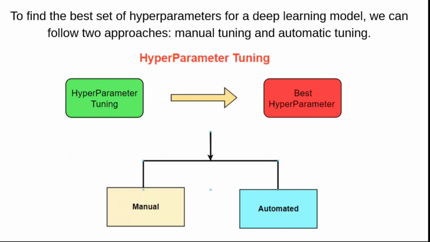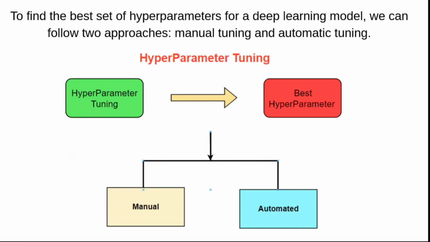And automatic tuning involves using automatic techniques to search for the best set of hyperparameters. One popular approach is to use libraries such as Keras Tuner, Optuna, or Ray Tune. These libraries provide algorithms to efficiently explore the hyperparameter space and find the optimal combination.